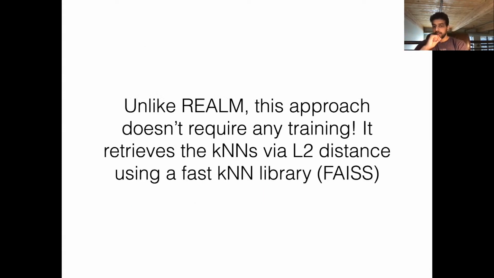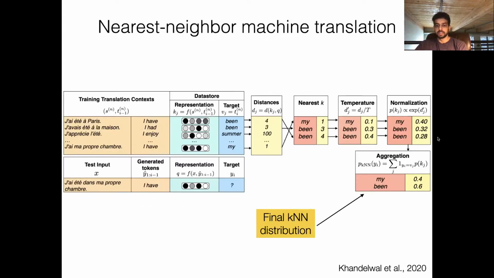All right, so the interesting thing about this method compared to REALM is that it requires no training at all. Here, we're assuming that we've cached all of these training hidden representations, and we know what the ground truth next word is. We're just doing this aggregation over the K nearest neighbors and using the distribution after aggregation as our predicted distribution from the retrieved corpus.